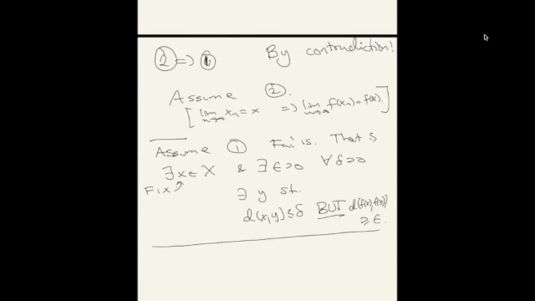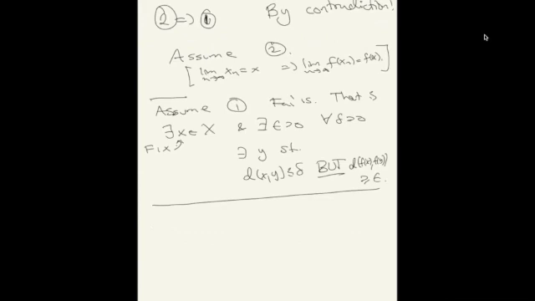Well, we have to construct some sort of bad sequence from this because we want to contradict 2. So this holds for every delta, and this is a common thing. If it holds for every delta, we apply it to give a sequence by doing the following trick. So if we use delta equals 1 over n for n in natural numbers, there exists a y, which we now call xn, such that distance from x to xn is less than delta.